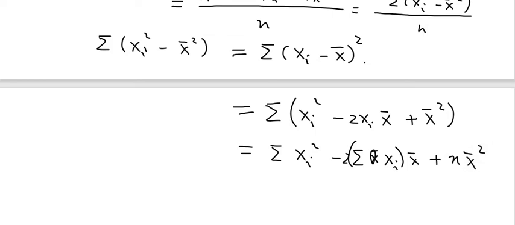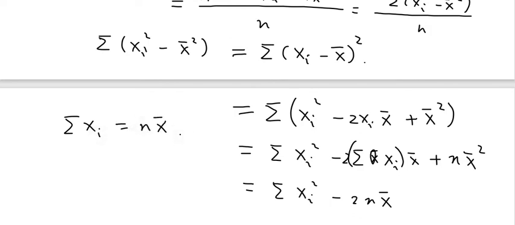So this equals summation xi square minus 2 times the summation of xi. What is the summation of xi? A little bit of algebra: the summation of xi equals n x bar.